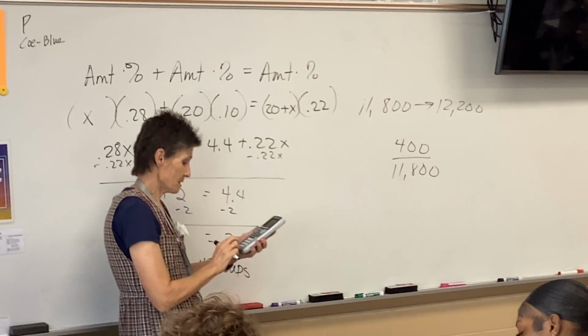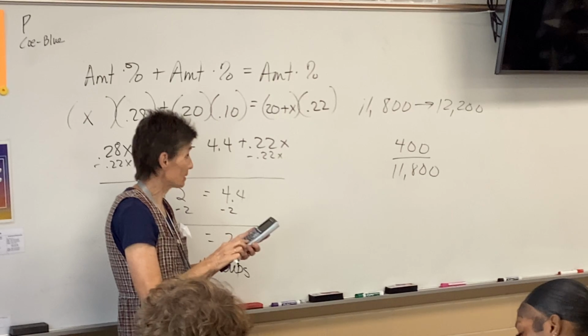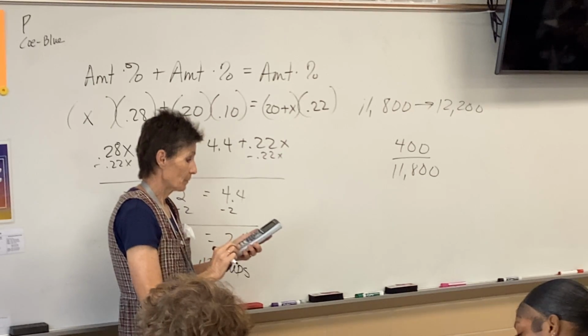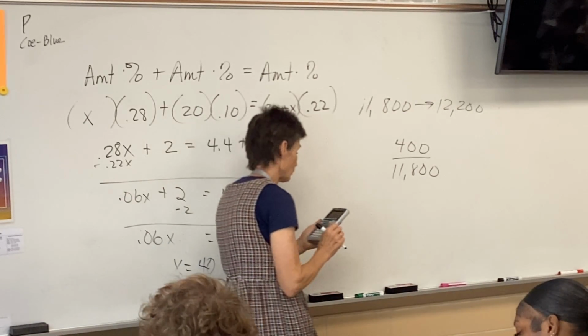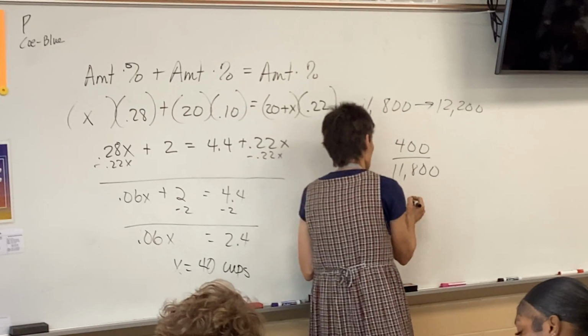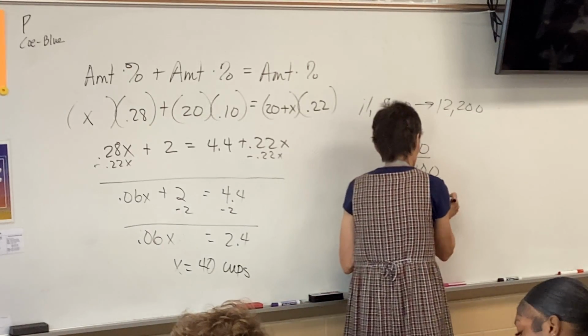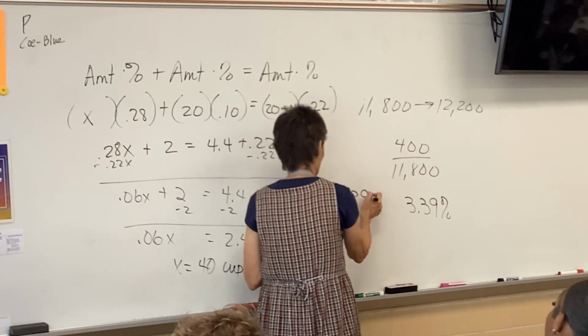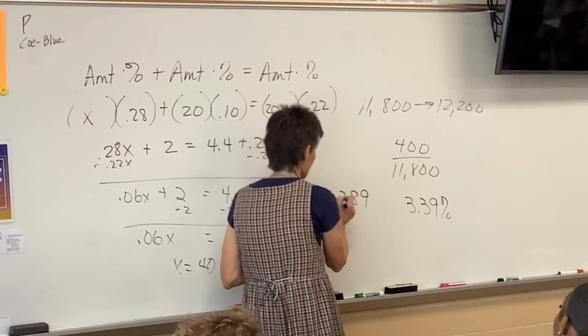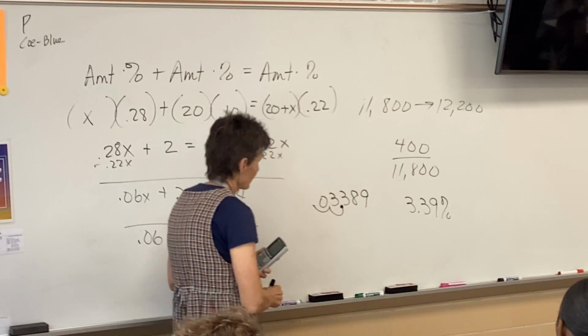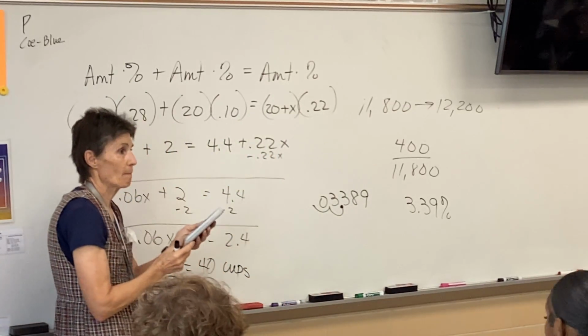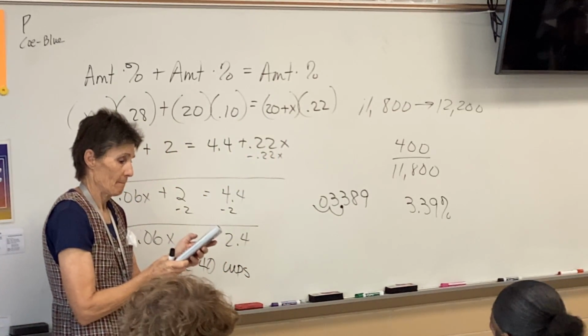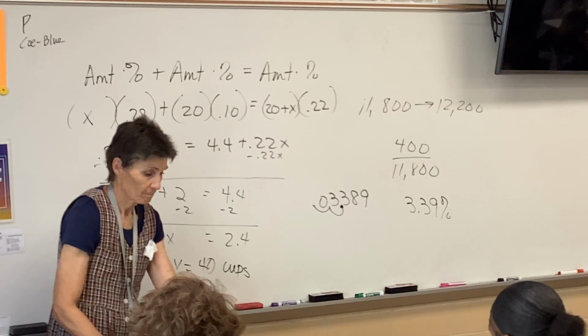And that'll be a decimal. I'm gonna make it a percent. So it would be 3.39%. The decimal was 0.03389. So moving it 2 places, 3.39%. Increase.